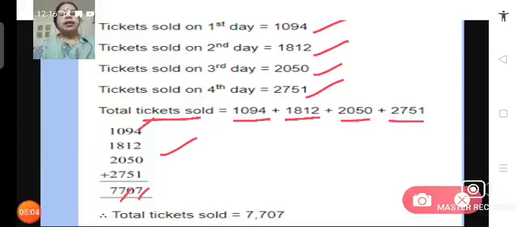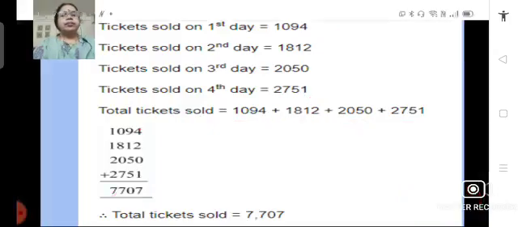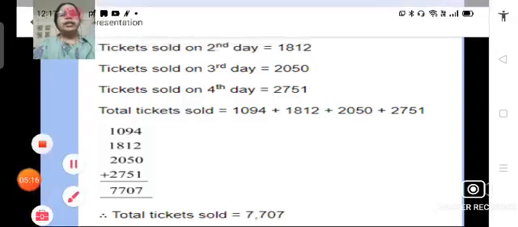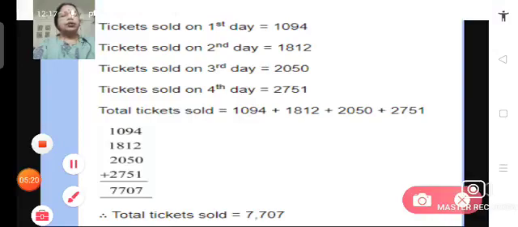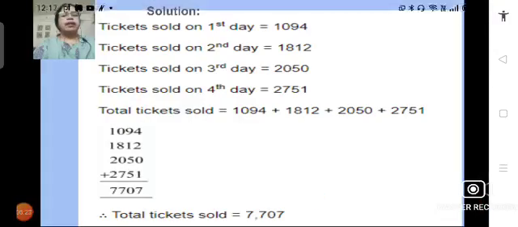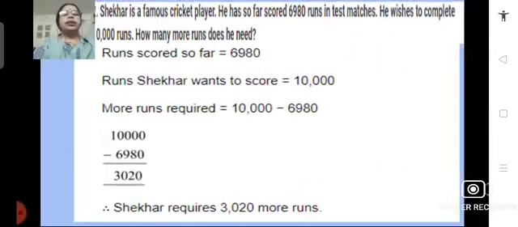We write 7 and carry over 1, and what do we get here? We get 7. So it is 7,707. So the total number of tickets sold on all the 4 days is equal to 7,707. Now let's move on to the next problem.